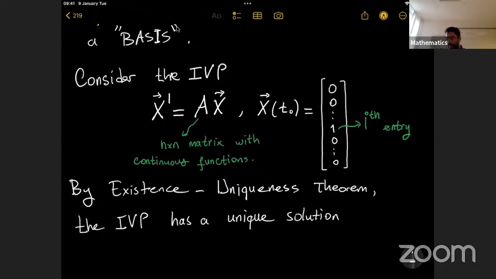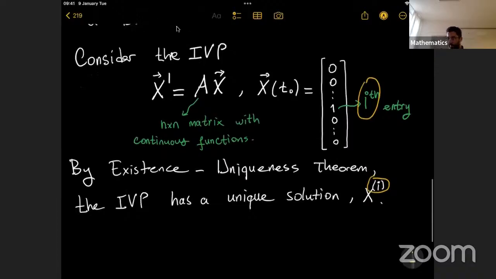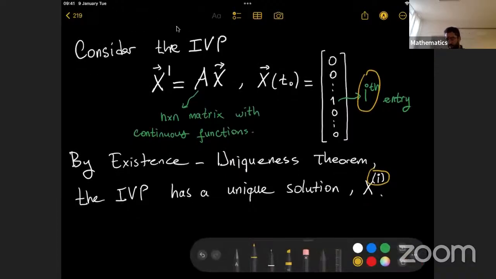Let's call it x^i. Remember, i determines the initial value. You see here, the ith entry is equal to 1, and with this initial value, we have this solution. We call it x to the i. It's the name of the solution, basically. All right. Now we have the following theorem.